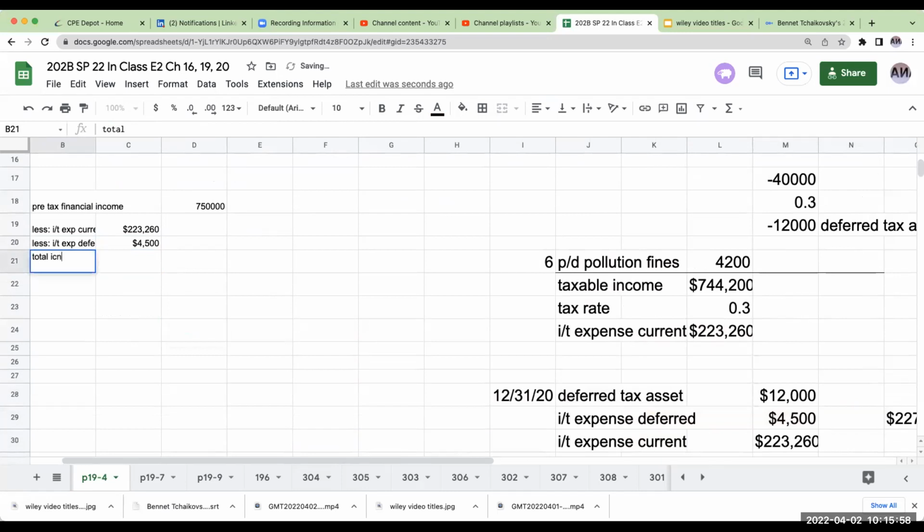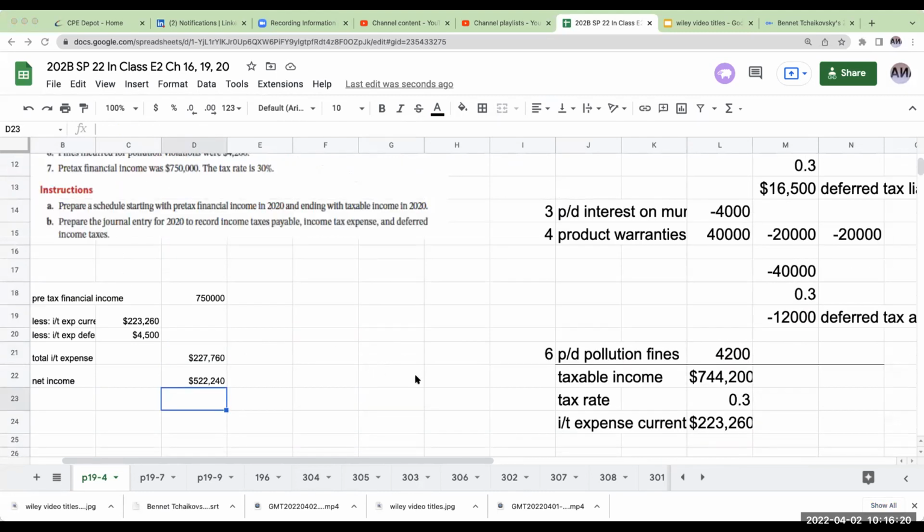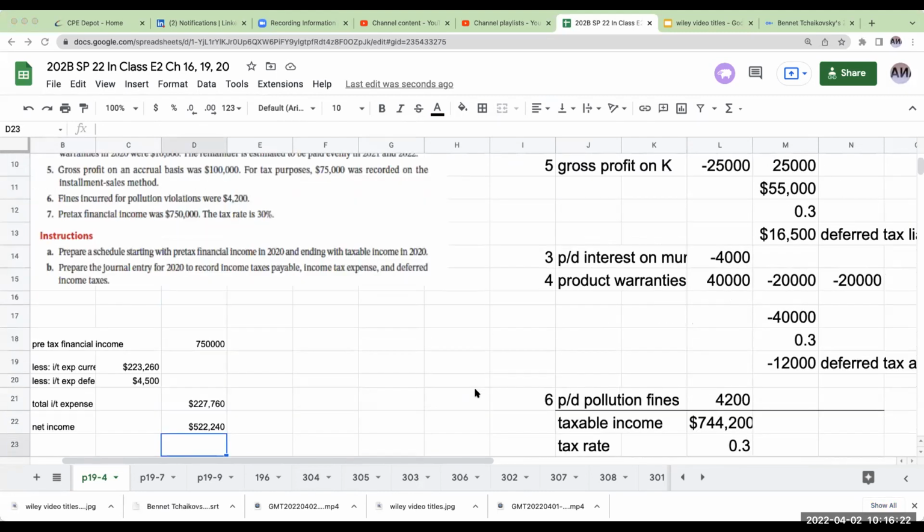So our total income tax expense is going to be $227,760. Our net income after taxes is going to be 750 minus the 227,760. So again, I'm doing this intentionally so that when you look at this, you know where these numbers are coming from.